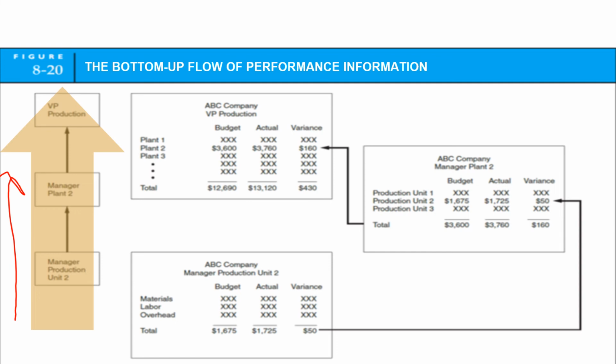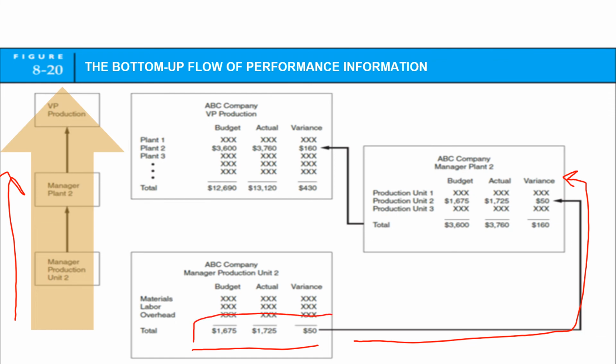We have those details for materials, where they compare the budget with actual and calculate the variance, and likewise for labor and overhead. So it is very detailed. When it goes to the manager of plant 2, this performance report will form the same comparison, but in less detail, at the level of totals.